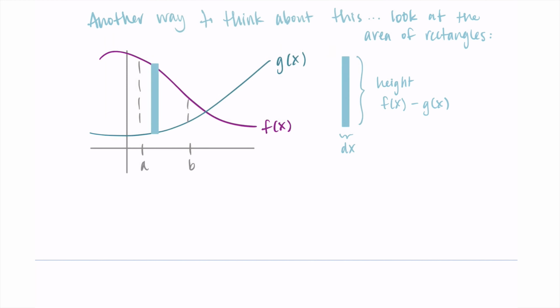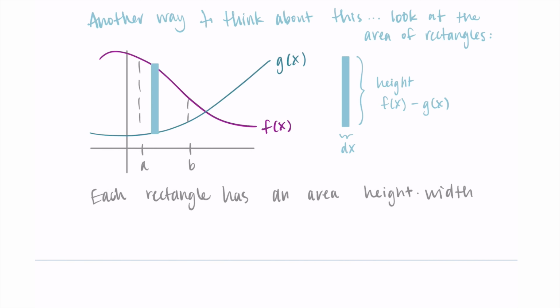Then each of our rectangles will have an area of the length times the width, or the width times the height, that dx times the height. So each rectangle has an area of height times width.